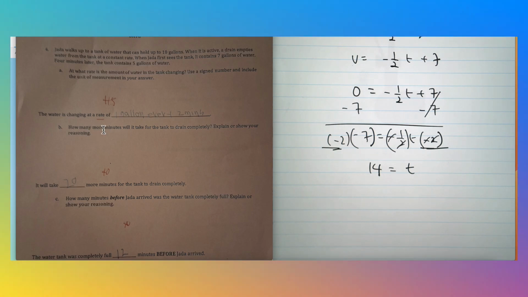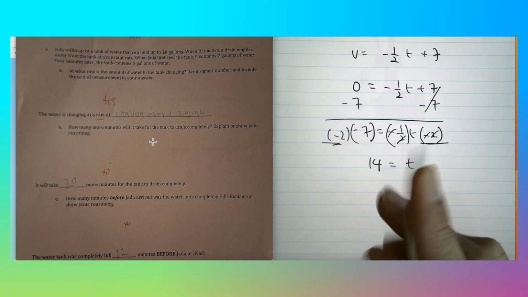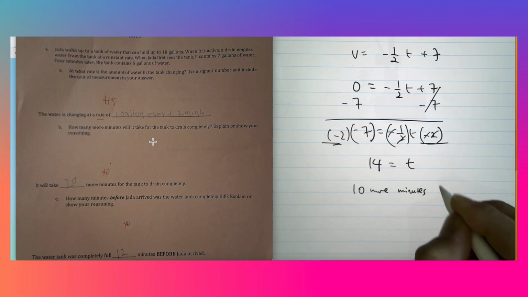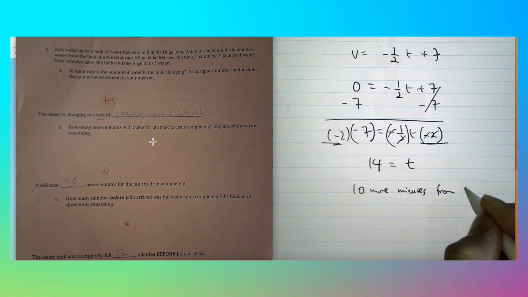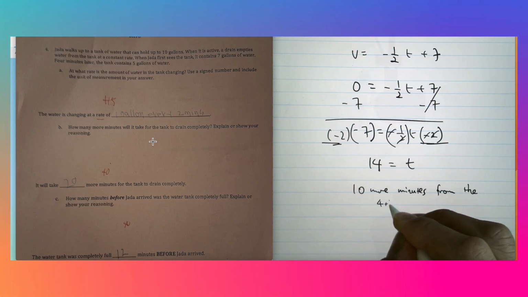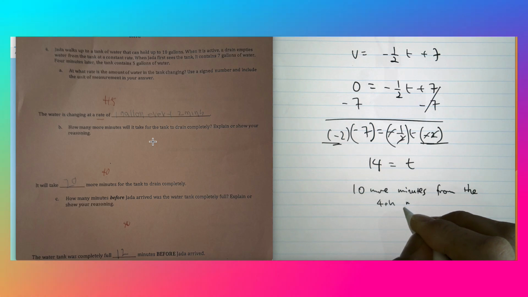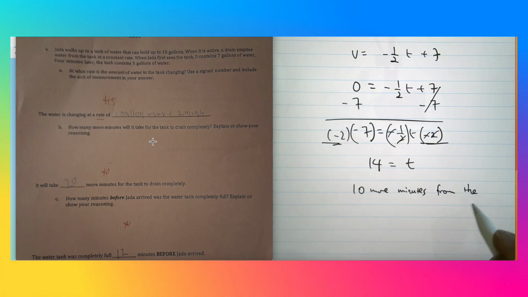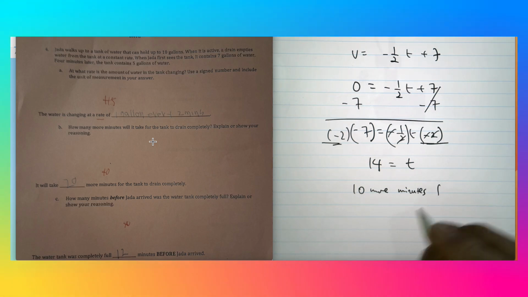So I'm going to say 10 more minutes from the fourth minute. It will be the fifth minute. I'll say 10 more minutes will drain the rest of the tank. I think 10 more minutes should be good.